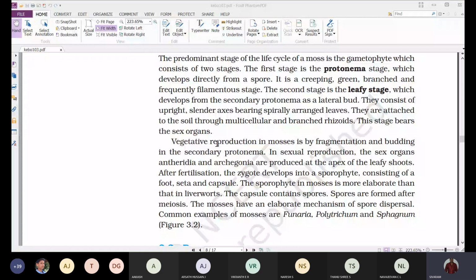So the primary protonema and secondary protonema can undergo asexual reproduction by fragmentation, and the secondary protonema, along with fragmentation, also shows budding, which is a type of asexual reproduction.